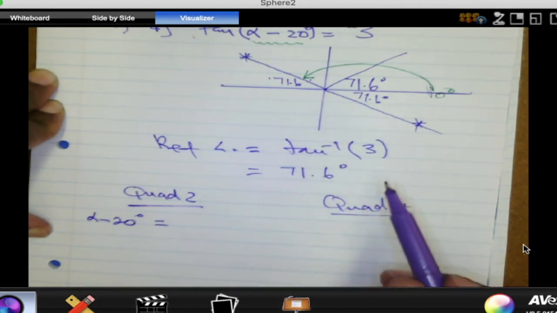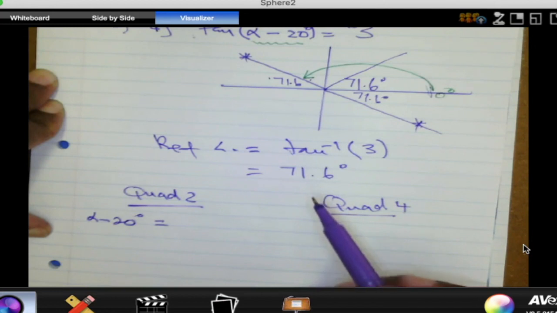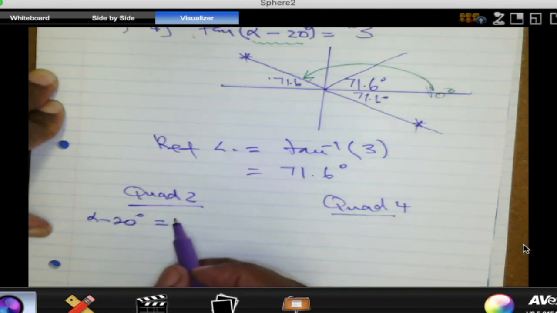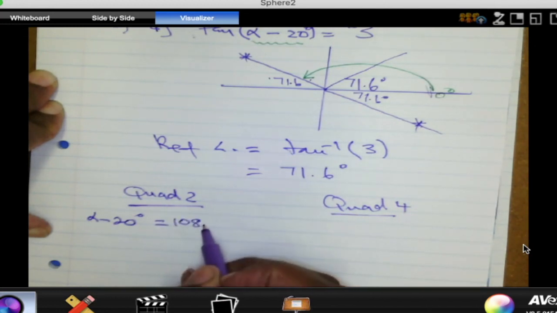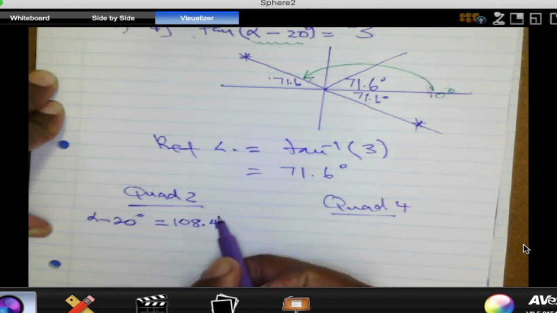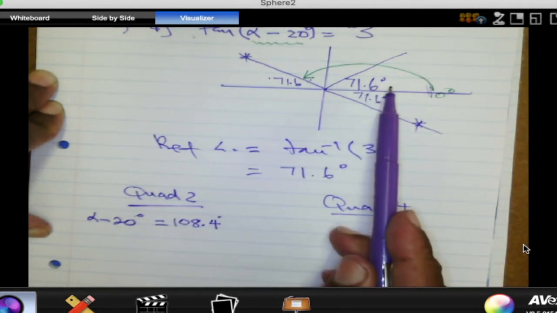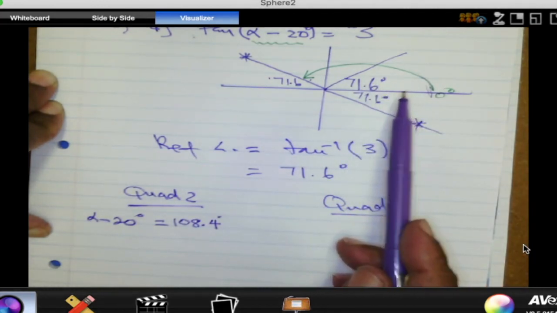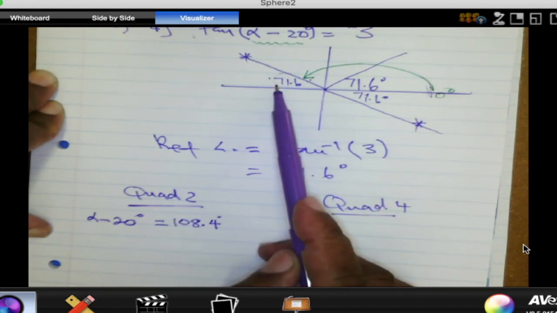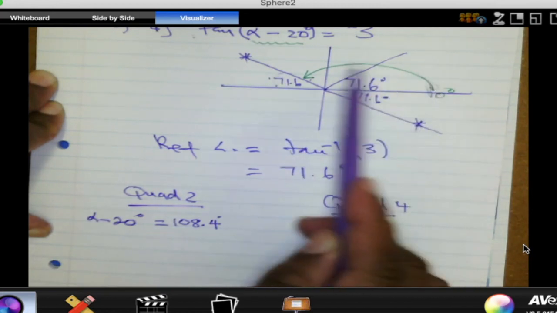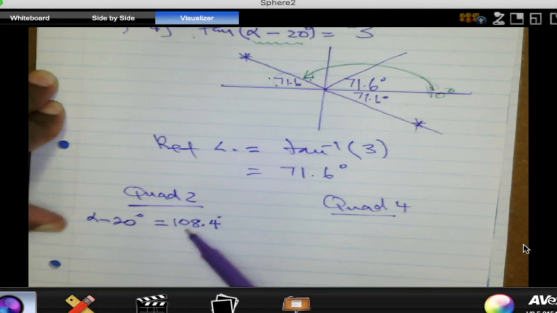I get 108,4. Just subtract 71,6 from 180, because this is 71,6. So we need to get that one there. That is what I'm getting.